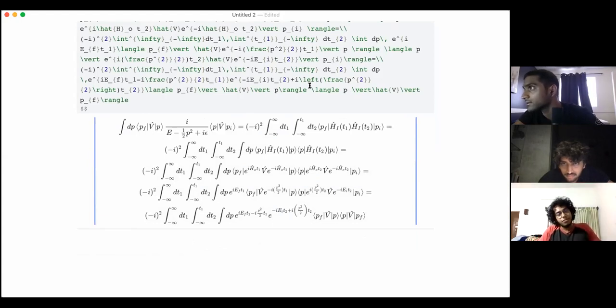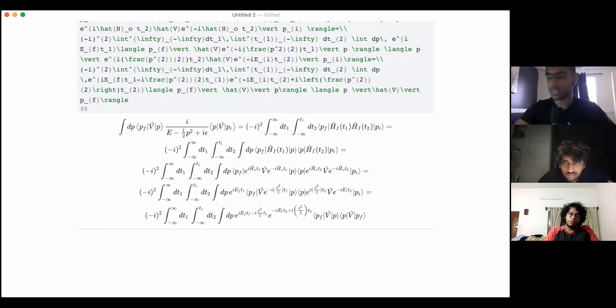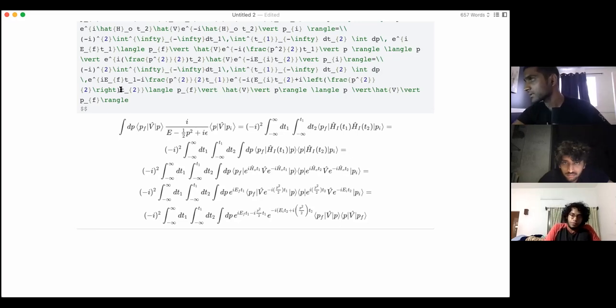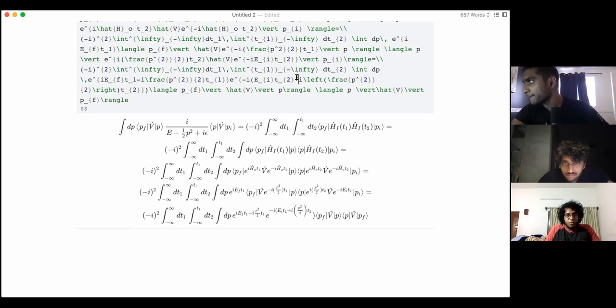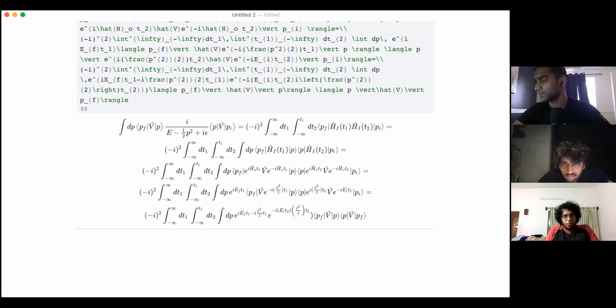So okay, I'm just trying to find it. I want to take minus I outside, which means that I have to change this sign. What do I have to do actually? I have to just change this to minus. All right?